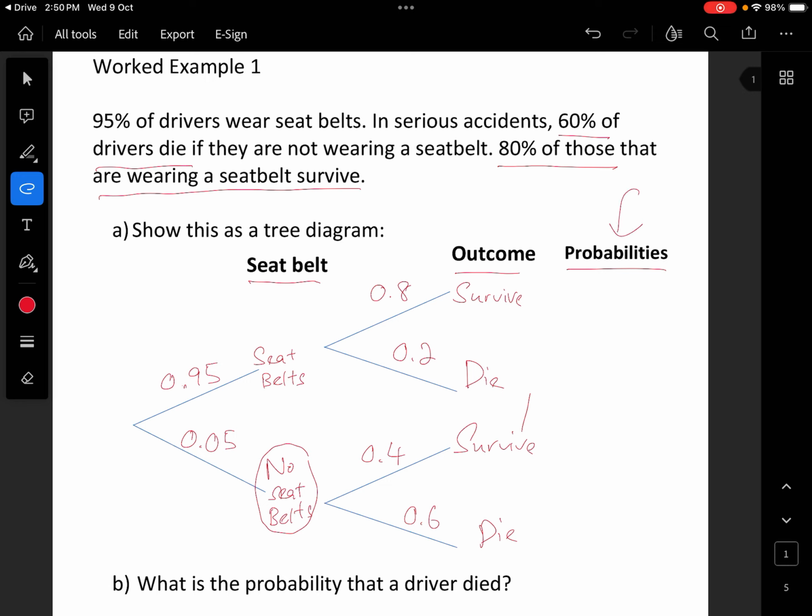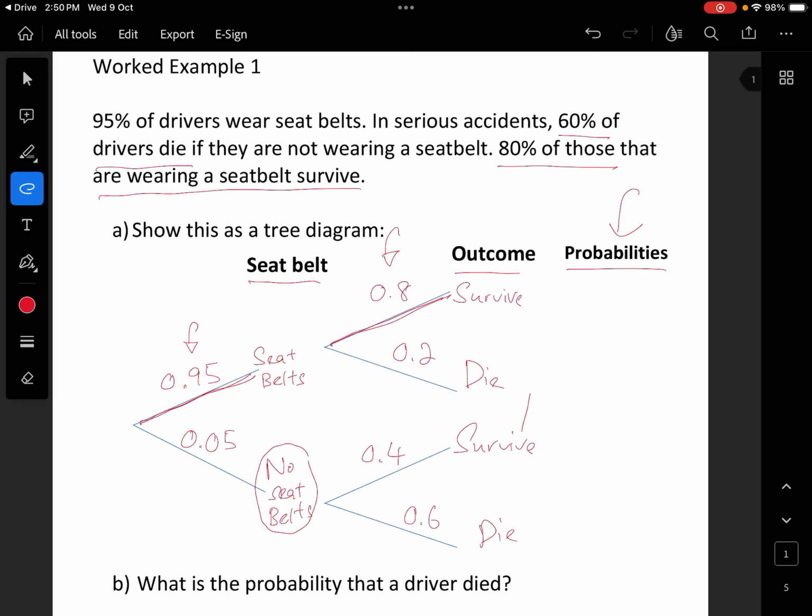If I want to find out the probability of someone wearing a seatbelt and who survives, we take 0.95 and multiply this by 0.8 because they are independent events. If you move along the branches, we multiply the probability.